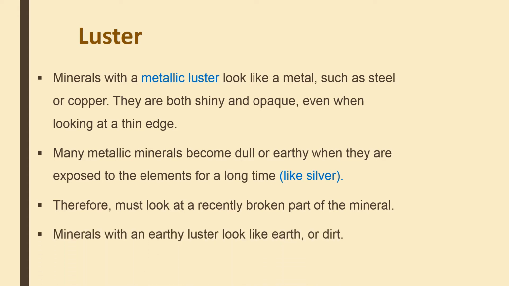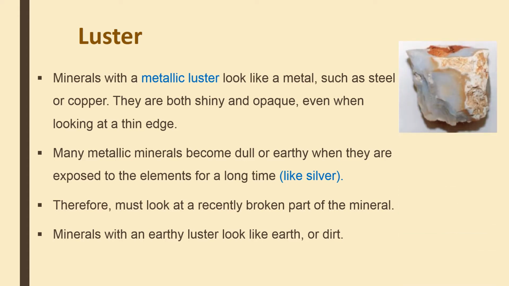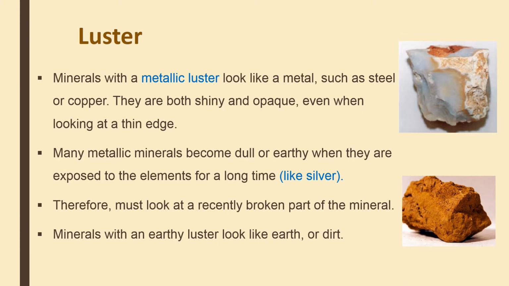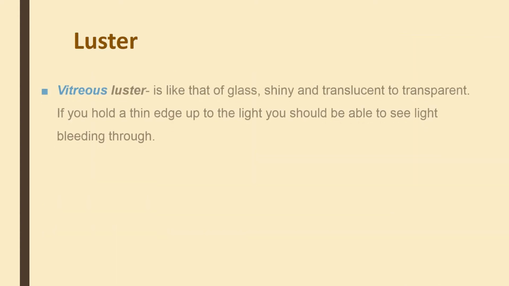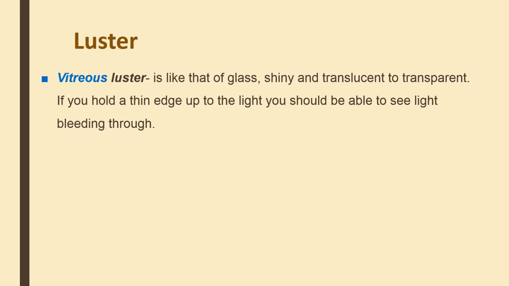Minerals with an earthy luster look like earth or dirt. They are just dull. They don't have any shiny shapes, as you can see from those figures on the right. Also, you have one more type of luster called vitreous. It's like glass, shiny and translucent or transparent.